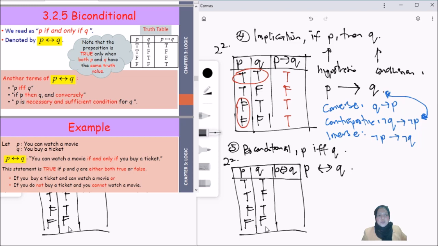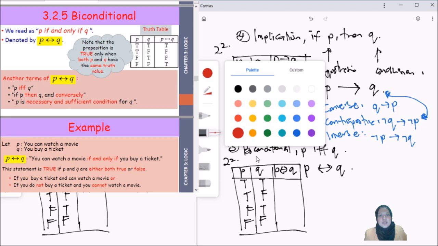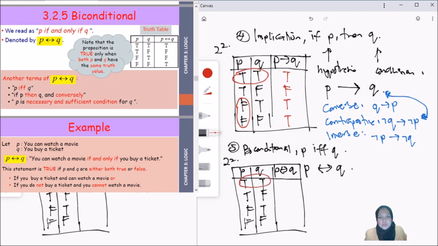So the proposition is true when both P and Q have the same value. The others are false. So here is the truth table for the biconditional, and here is the truth table for the conditional or implication.